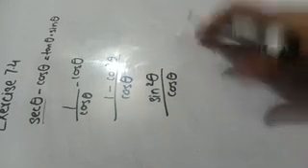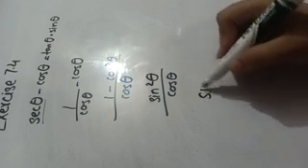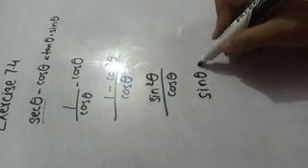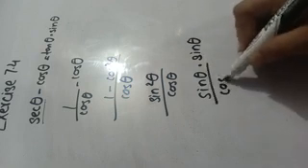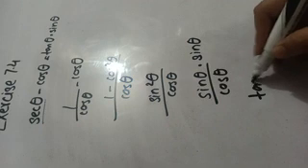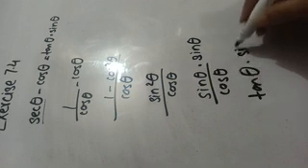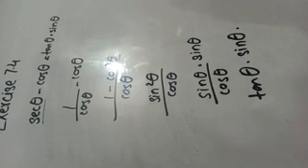Okay, so now opening the square of sine theta, putting sine theta 2 times. Now this value is equal to tan theta, so put the tan theta here, dot sine theta. So we have proved that our left hand side is equal to right hand side.